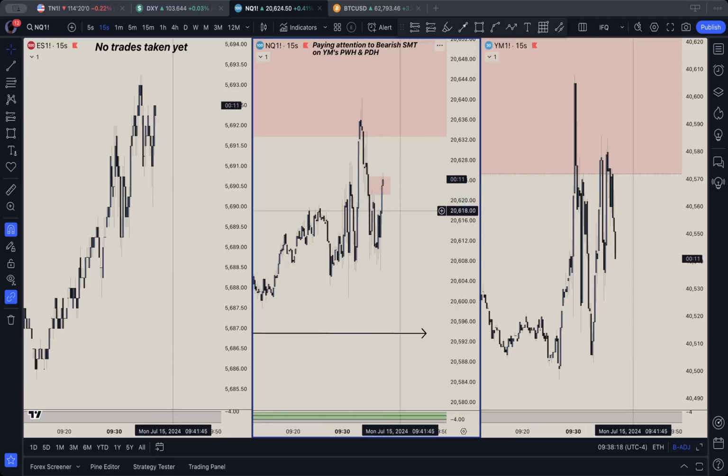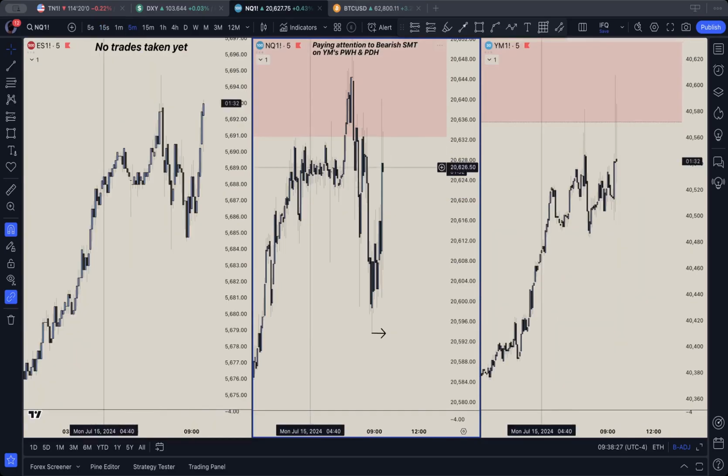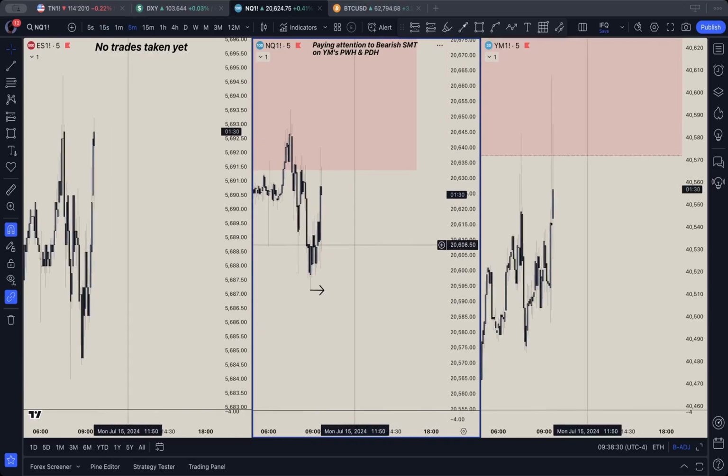If this gets invalidated, I'm just going to zoom out again and recalibrate. I just got stopped in profit, so let's see what's going on here.